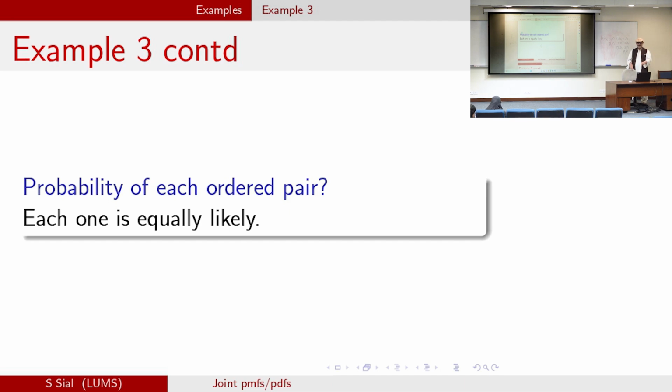And I have an ordering in the cards. If it's a fair deck, then each outcome is equally likely. And we can work out how many different ordered pairs there would be. Each of the hands of our deck is equally likely.